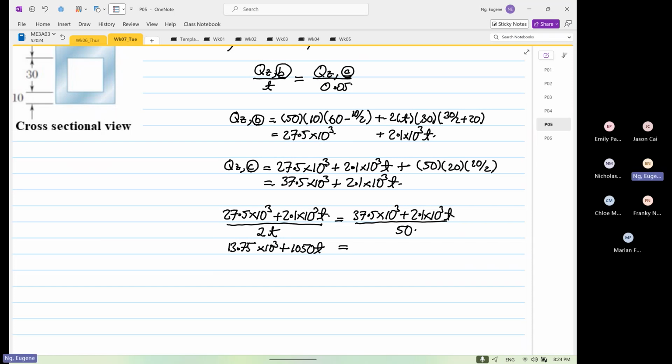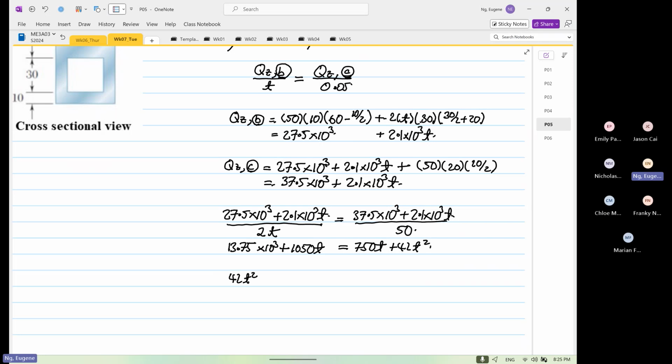And this will be equal to 750t, or not, I just divide and bring the t across, plus 42t squared. Okay, so 27.5 times 10 to the power 3 divided by 2 is 13.75, 2.1 times 10 to the power 3 divided by 2 is 1050, 37.5 times 10 to the power 3 divided by 50 is 750, correct, and 2.1 times 10 to the power 3 divided by 50, yep, it's 42.